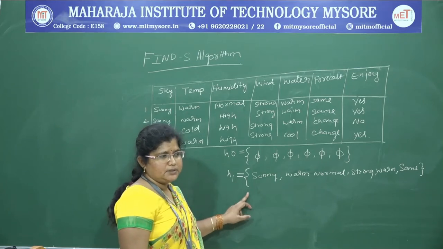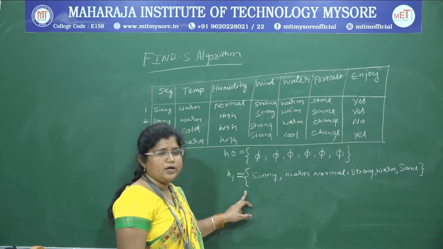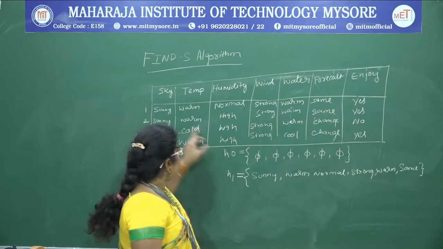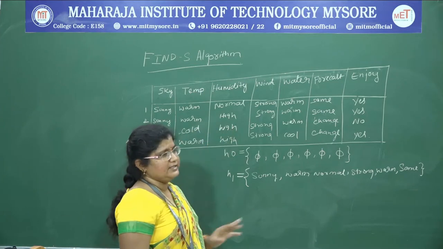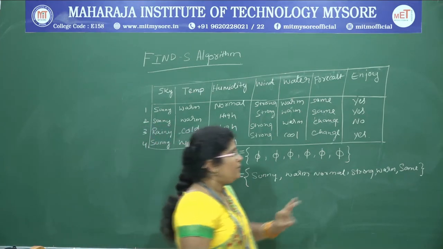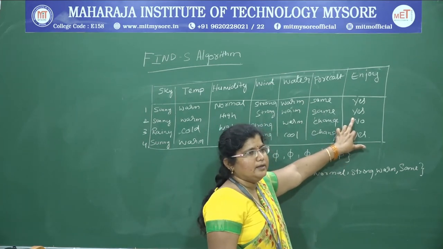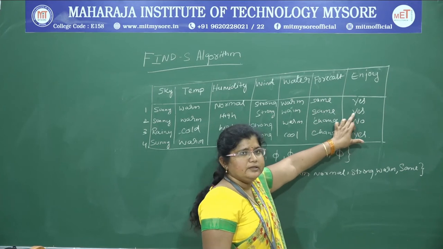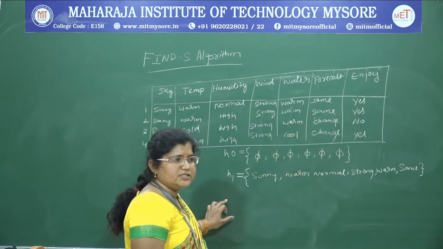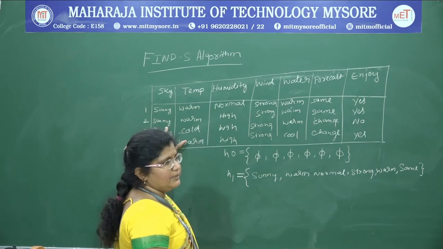Now the next step is we need to compare the newly generated hypothesis with the next training example. The first step in the Find-S algorithm is to check whether the next training example is positive or negative. If it is positive, then the hypothesis will be compared with this training example.